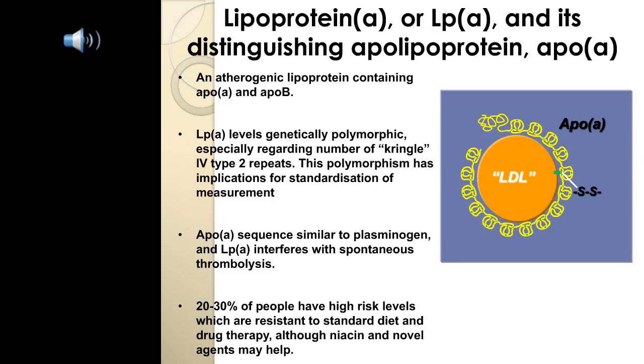Up to this point in time, routine drug therapy has not been particularly successful in addressing this. However, niacin has some utility, and interestingly, recently introduced novel agents seem to also be effective in lowering Lp(a). Therefore, it will become more relevant to measure this entity because now it looks like some treatment options will be available in those people identified as having a problem.